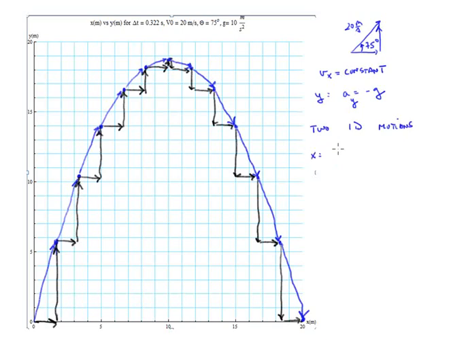The x direction is constant v, the same x component that it started with, it has the whole time it's in flight, and the y is just as if the ball was thrown straight up in the air with ay equal to minus g and with an initial velocity equal to that.